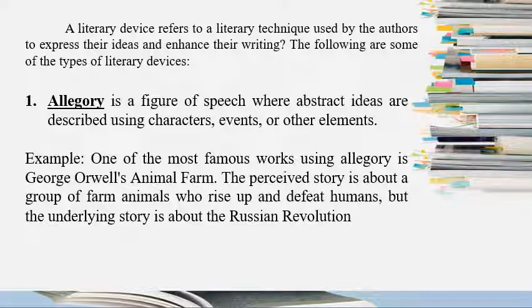For example, one of the most famous works using allegory is George Orwell's Animal Farm. The perceived story is about a group of farm animals who rise up and defeat humans, but the underlying story is about the Russian Revolution. That is allegory.